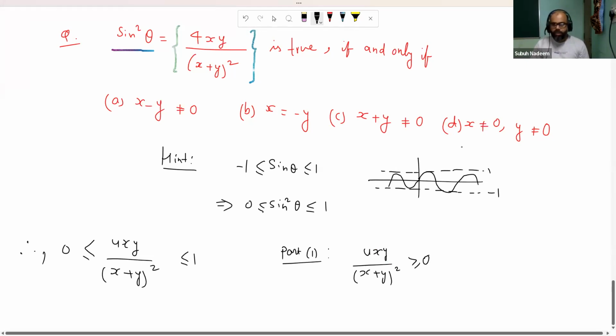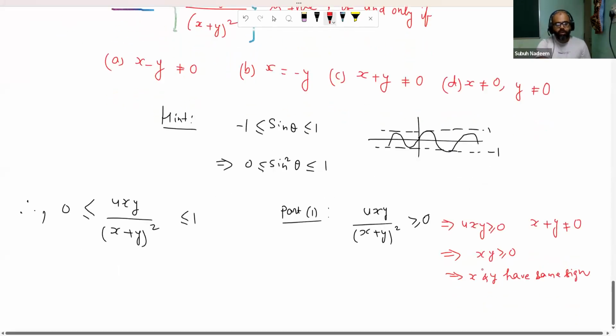Now the denominator x plus y whole square will always be positive, or 0. 0 we can't take because that will make it undefined. So x plus y cannot be equal to 0. And we can cross multiply. So 4xy will be greater than or equal to 0. So xy will be greater than or equal to 0, which means x and y have the same sign. If you want the product to be positive, then either both are positive or both are negative.